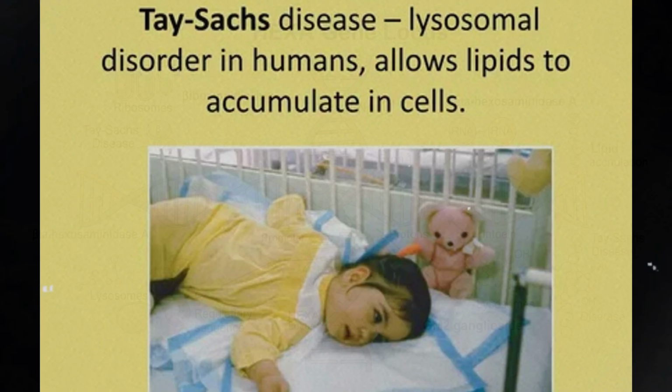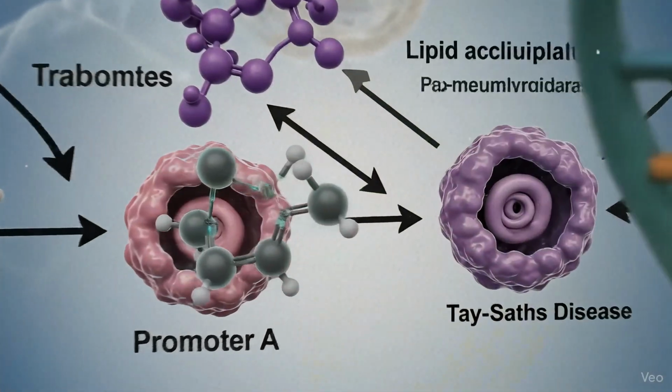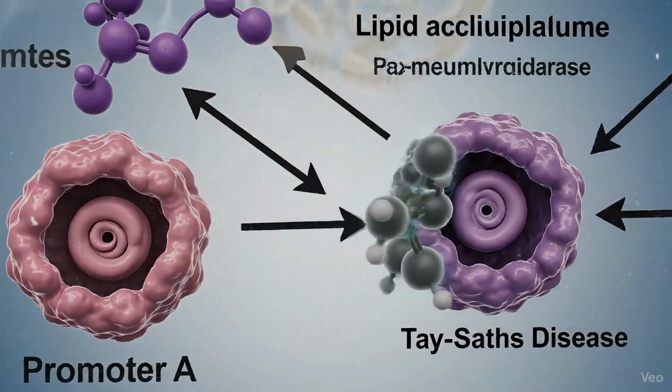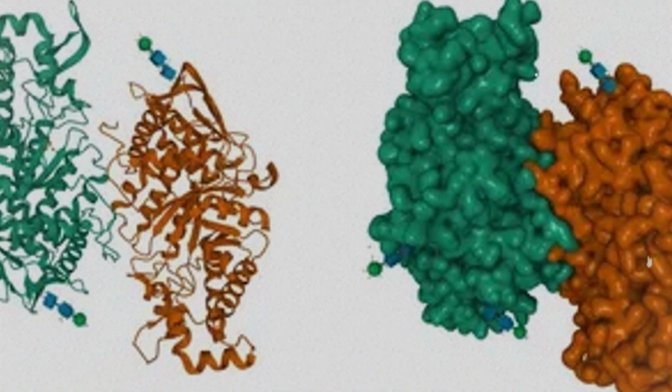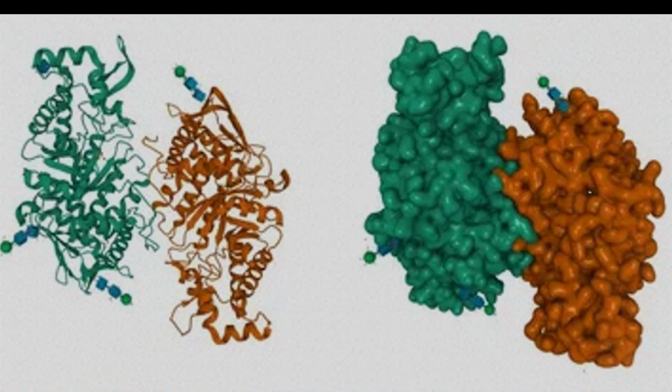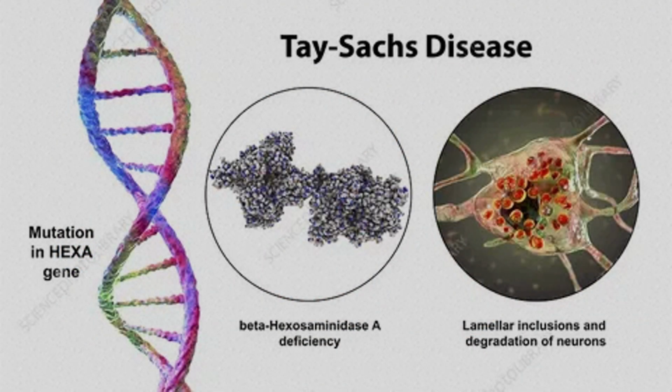Elevated carrier frequencies within Ashkenazi Jewish lineages reflect the combined effects of historical population bottlenecks, limited gene flow, and founder events. The condition originates from pathogenic variants in the HEXA gene, which disrupt the breakdown of GM2 gangliosides inside neuronal lysosomes. As GM2 accumulates, neuronal function declines in a predictable metabolic sequence.